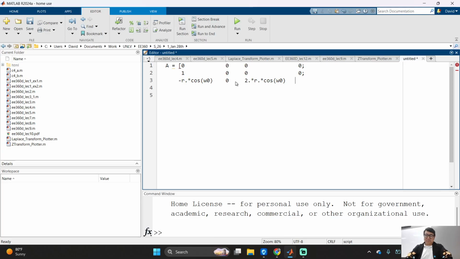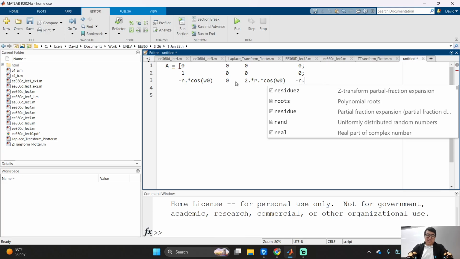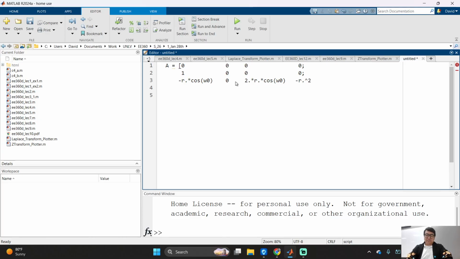Then what's the final term? Minus R squared. Okay, and now let's do the last row: 0, 0, 1, 0, and that's our matrix. Does that make sense?